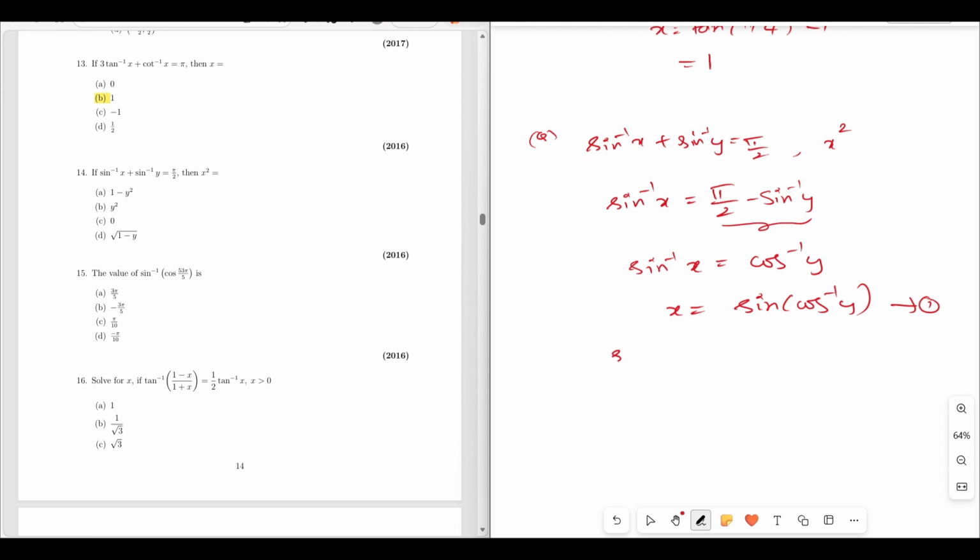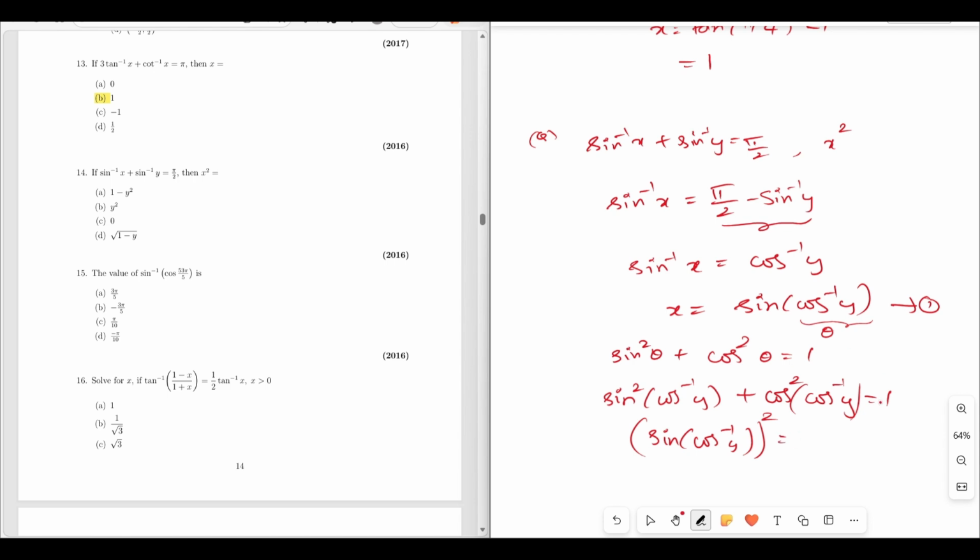Now we know that sine square theta plus cos square theta is equal to 1. So let us consider the value of theta as cos inverse y. So what will I get now? Sine square of cos inverse y plus cos square of cos inverse y is equal to 1. Now sine square of cos inverse y is nothing but sine of cos inverse y whole square, which is equal to, I'll send this to the right side, 1 minus cos of cos inverse y whole square.